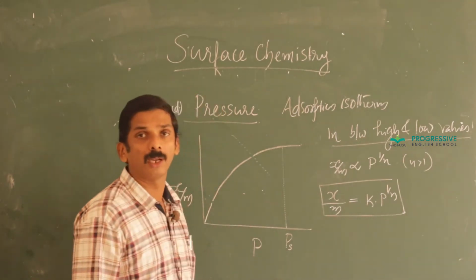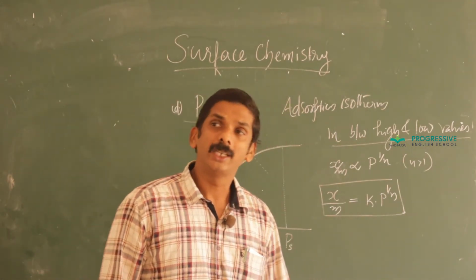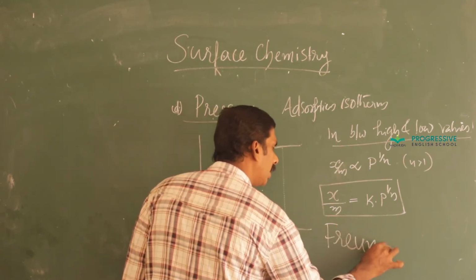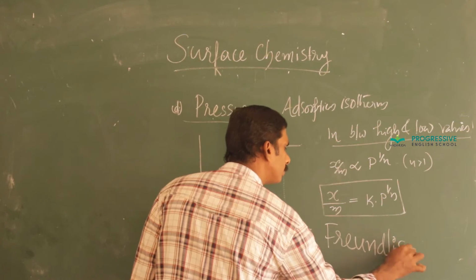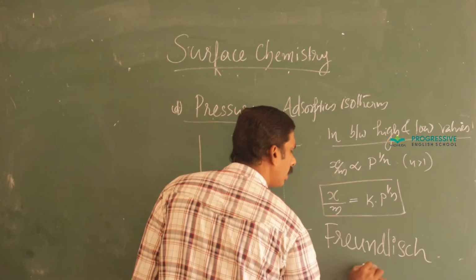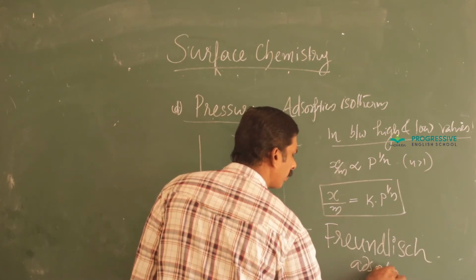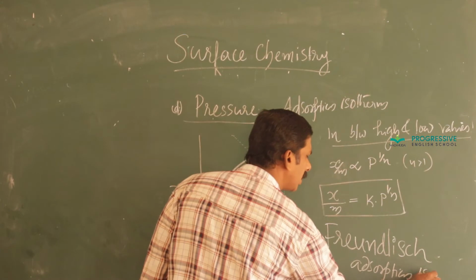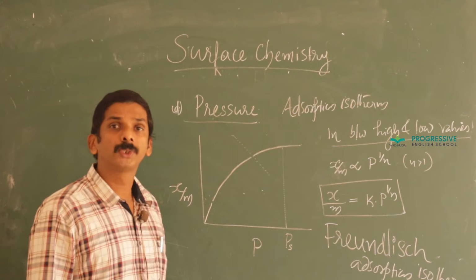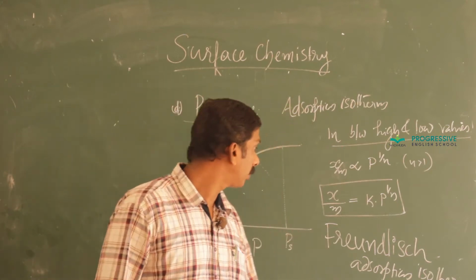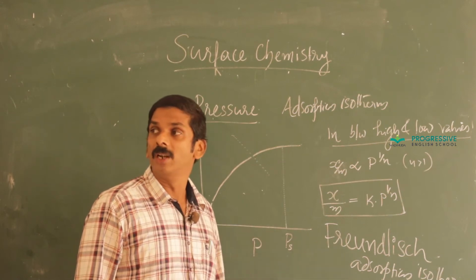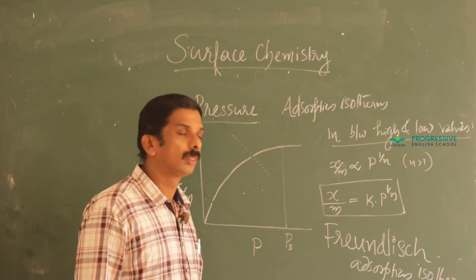This is a very important relation, and it is generally called Freundlich adsorption isotherm. x by m equal to k into p raised to 1 by n is called Freundlich adsorption isotherm.